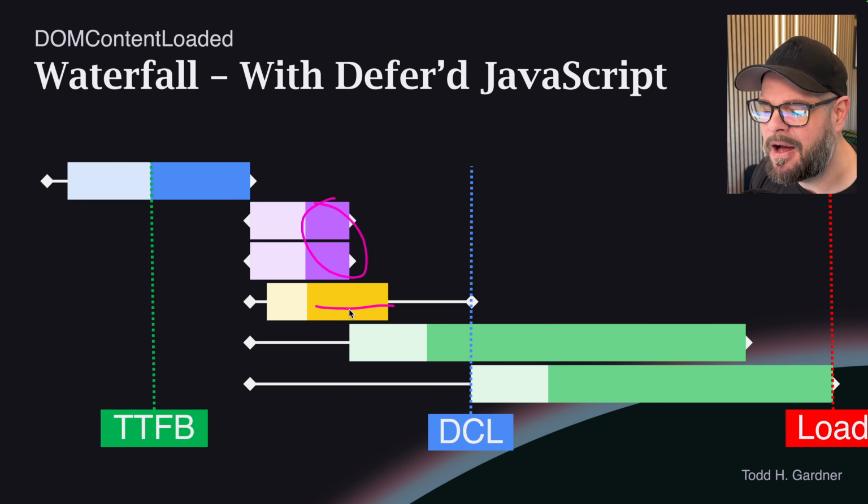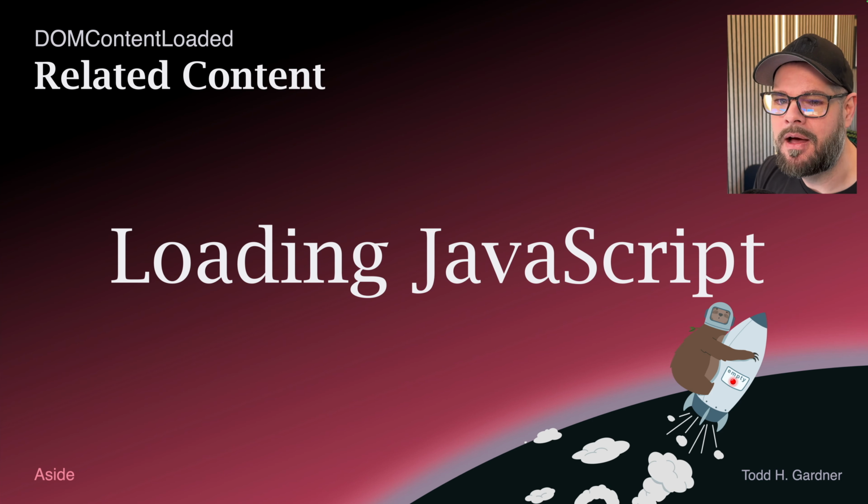In this way, it's kind of advantageous to have at least one deferred JavaScript thing on your page just so you have more control over when this event happens. If you want to learn more about all the details of JavaScript and loading it and how it can influence page load, check out my other video all about loading JavaScript and what those different loading attributes mean.